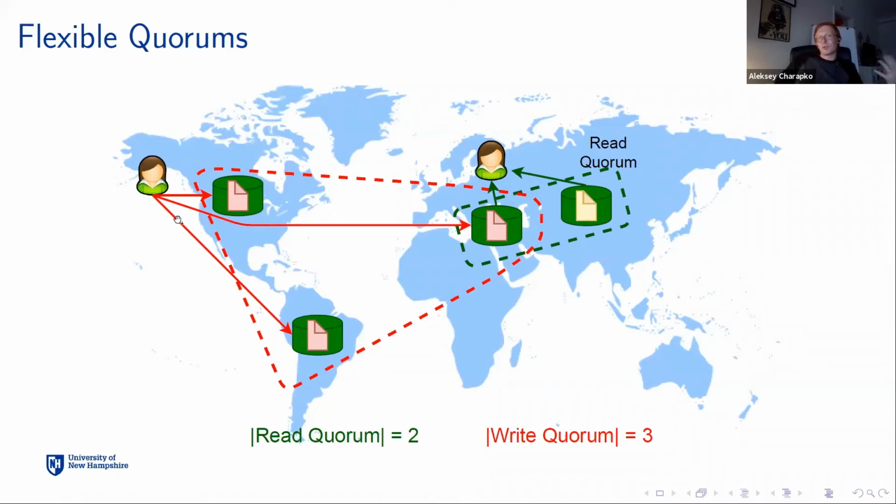So we did improve a little bit of the performance for writes, while significantly improving the performance for reads for this guy, and still having maybe okay performance for reads for this client.